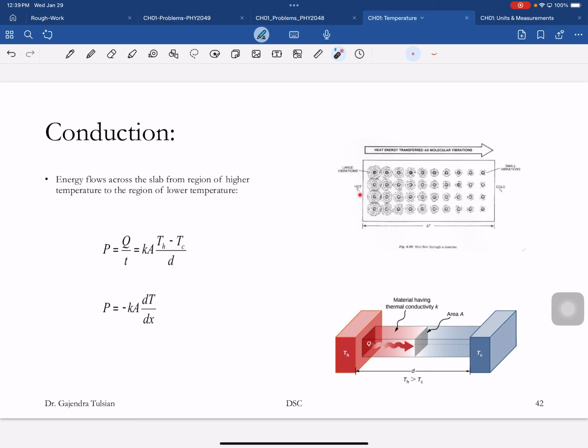And again, when heat flow happens via conduction, these atoms are not moving. At the hotter end, they're vibrating with a greater amplitude. They bump into their neighbors, transfer some of their energy. These guys bump into their neighbors, transfer energy, and that's how energy is transferred.